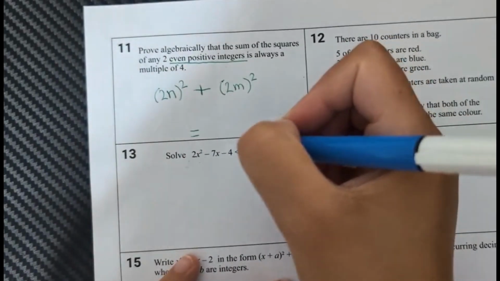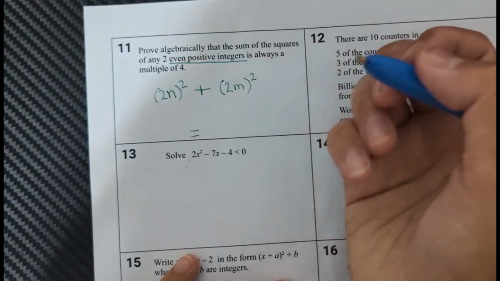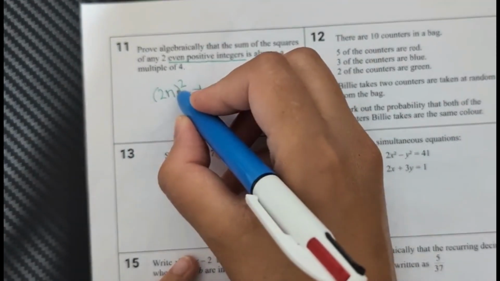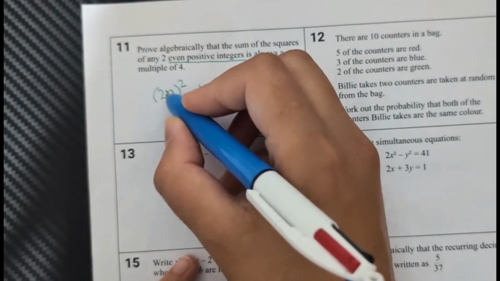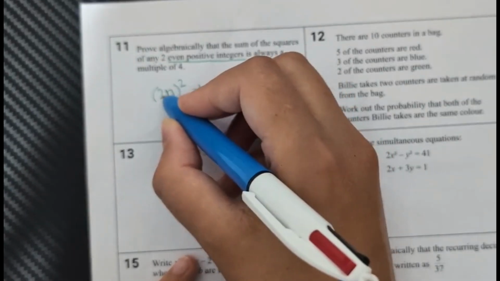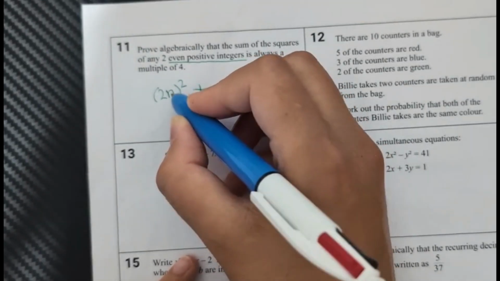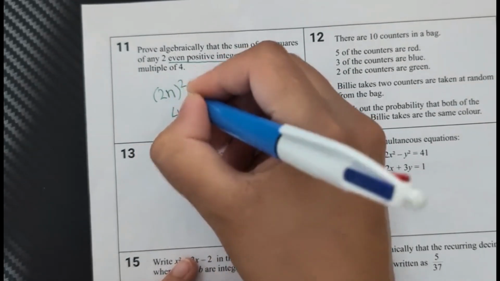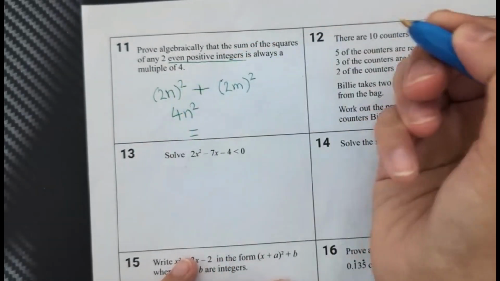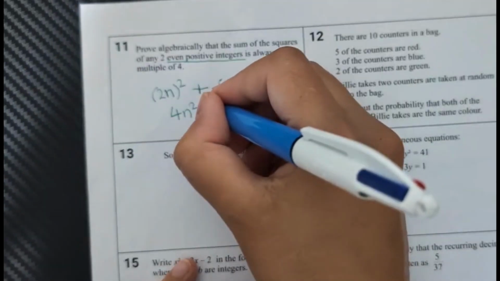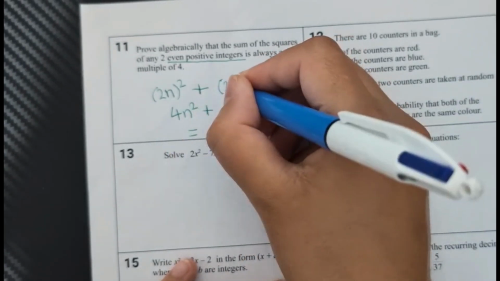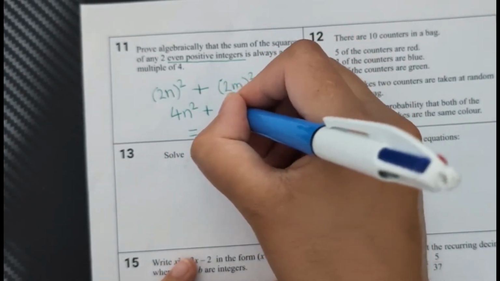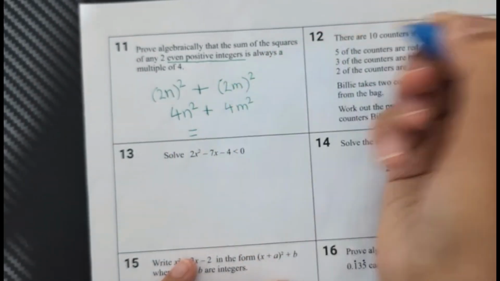If we don't get to that, it means we've done something wrong with our proof. So if I expand this and simplify, 2n squared: I've got to square my 2 first and then my n. 2 squared becomes 4, n squared just remains n squared without my brackets, the plus sign remains, and here again 2 squared is 4 and m squared is just m squared.